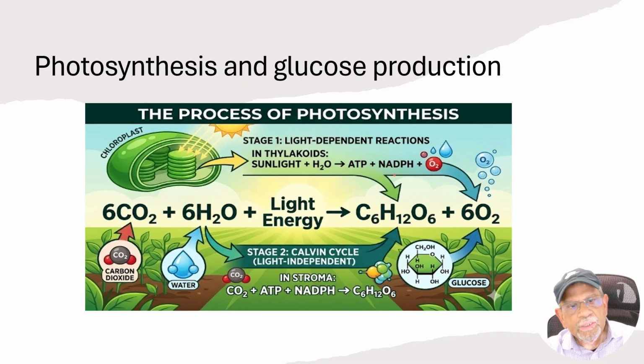All right, now let's try an example from college biology: photosynthesis and glucose production. Students generally memorize the equation. Stage 1 is the light dependent reaction, as you see in this picture, and the second stage is light independent, or sometimes called the dark reaction, which is the Calvin cycle.